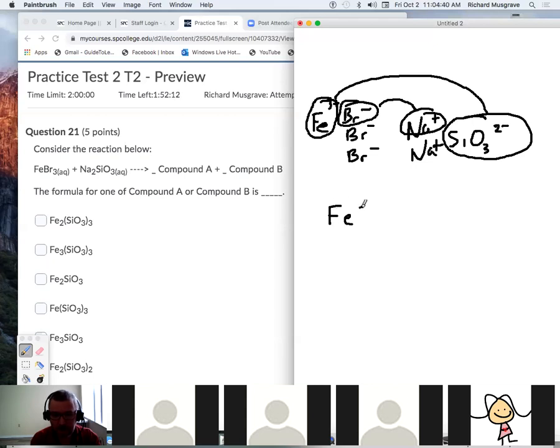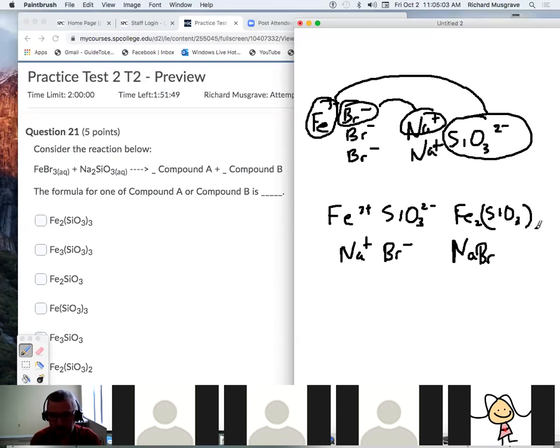So the compounds would be NaBr as one, and the other one is Fe2(SiO3)3. That would be the answer we'd be looking for because that's the one that's relevant here.